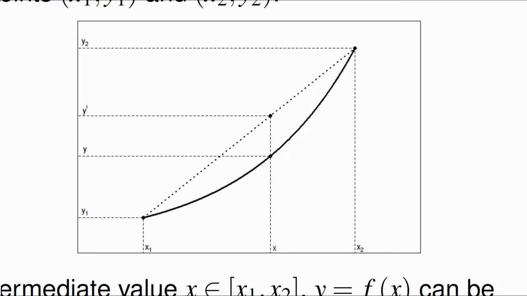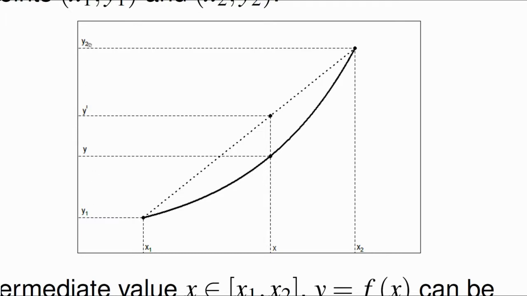And obviously, we need to determine these weights. In this example, x is much closer to x2 than to x1. Therefore, the y prime value that we are going to calculate is going to be much closer to y2 than y1.